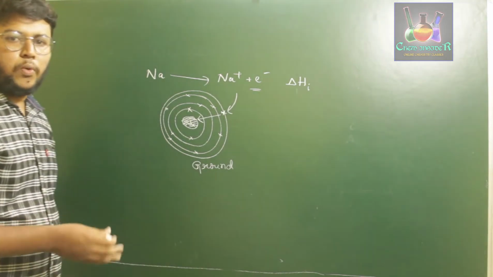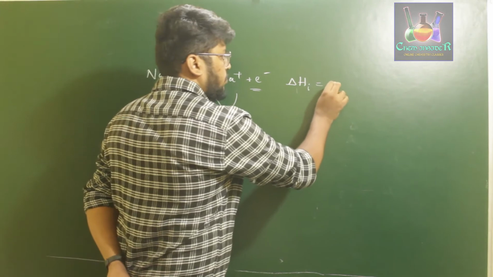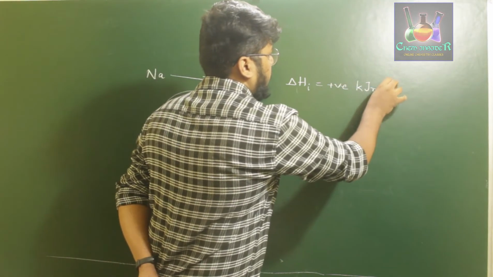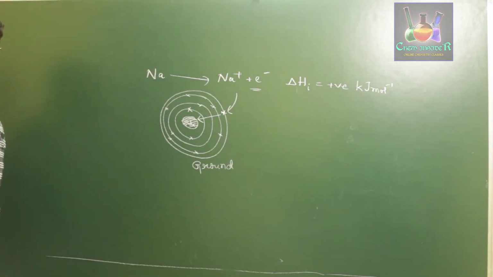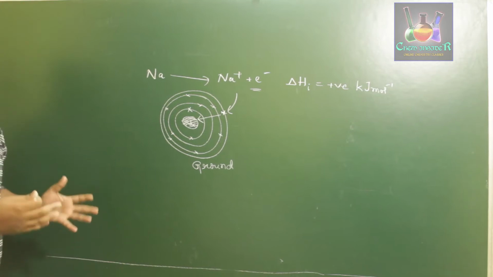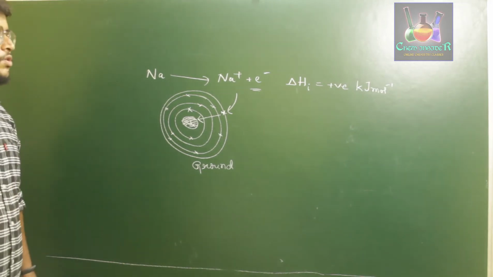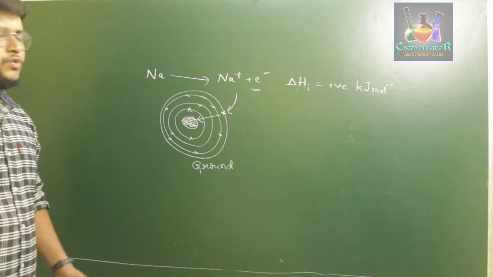Since we have to provide energy to the system, ionization enthalpy will always be a positive value, and its SI unit is kilojoules per mole. Ionization enthalpy is always positive because we have to provide energy in order to remove an electron.